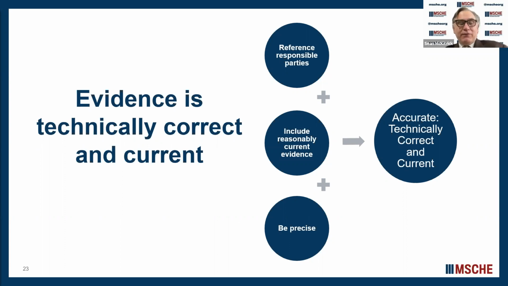For the purposes of the evidence inventory, evidence should clearly reference what offices and individuals are associated with the evidence included in the evidence inventory, along the lines of what Terrence was able to share with us just earlier.